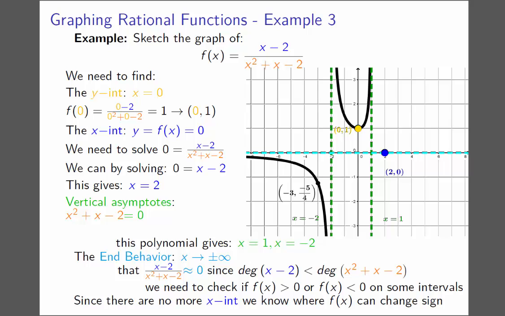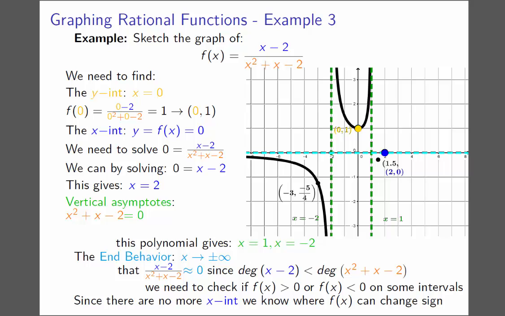Next, we need to look at the interval between x equals 1, our vertical asymptote, and x equals 2, our x-intercept. So let's pick x equals 1.5. And again, evaluate our function at 1.5.